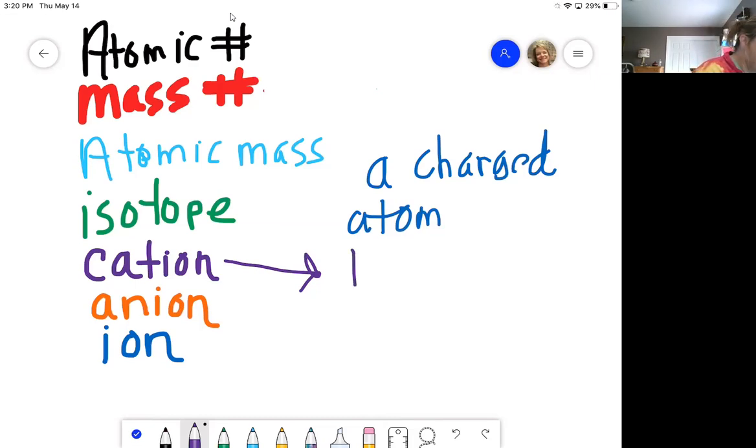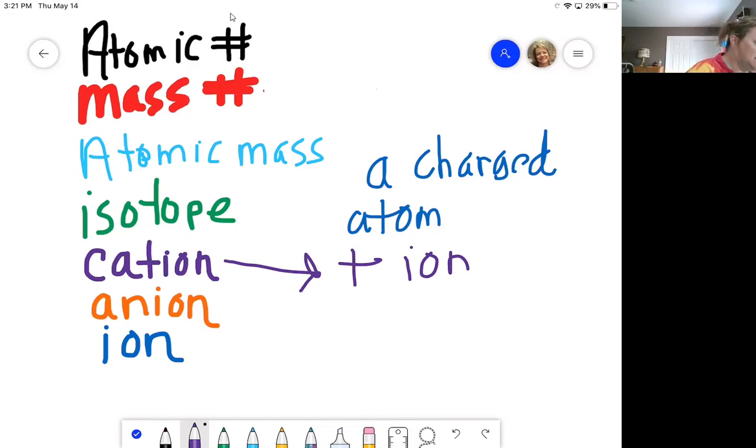So a positive ion is a cation. That is going to be our metals on the periodic table. Anything that gives electrons away in order to become stable. Remember, we talked about that stable state, as simply as we can explain it: the stable state is an atom that has 8 electrons in its valence shell.